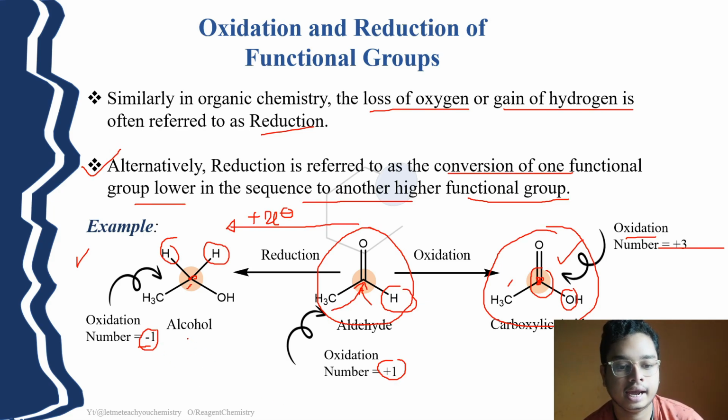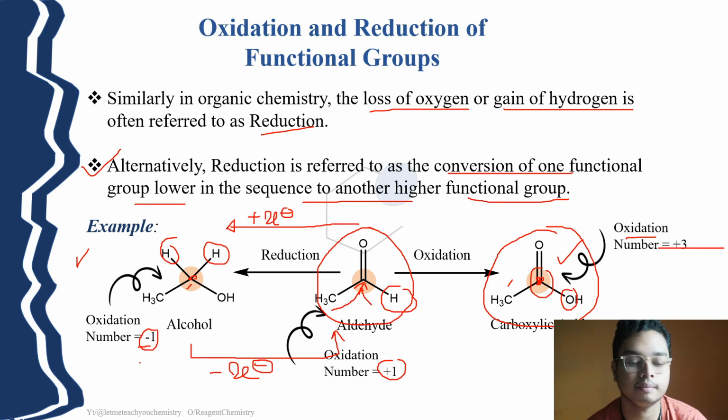And similarly, while moving this way, from alcohol to aldehyde, it will lose 2 electrons. So it is initially -1, then it loses 2 electrons, which means the oxidation number increases to +1.